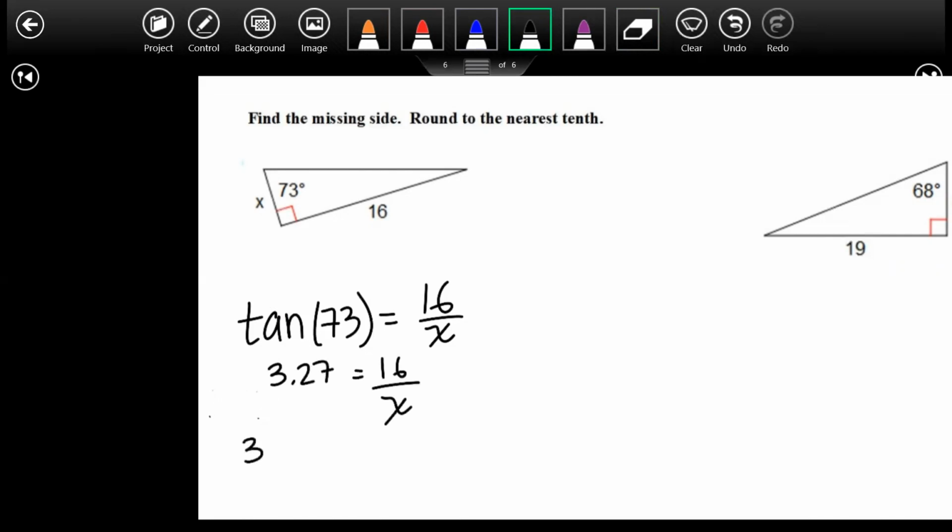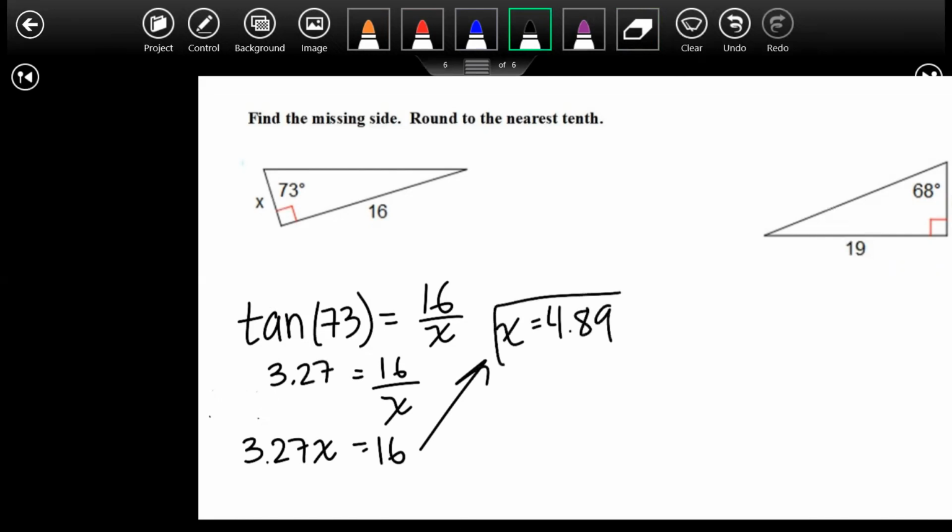Cross multiply, we're going to get 3.27x is equal to 16. Dividing out, we get what? 4.89. How many of us got that? Right on. Kudos.